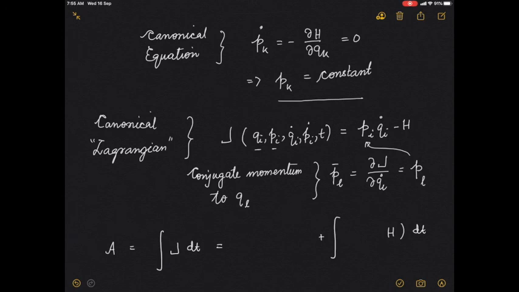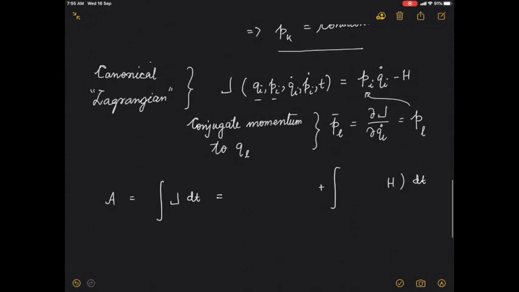The qk's, which have a conjugate momentum pk, I can keep those separate, and for those I can even take the pk outside because it's a constant of motion.